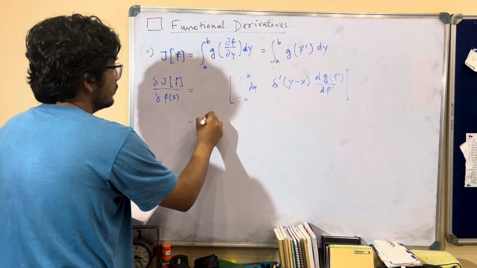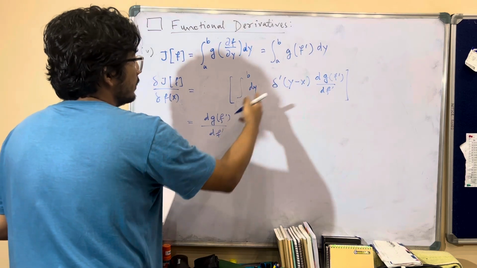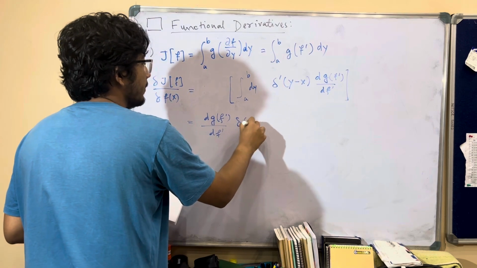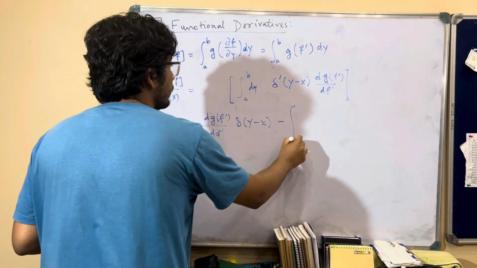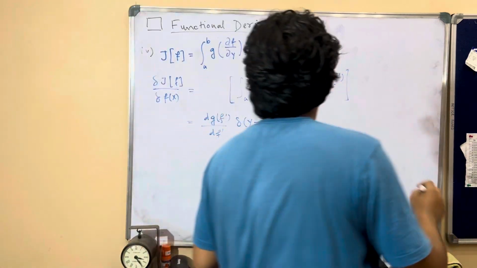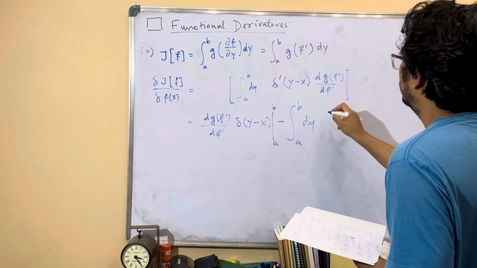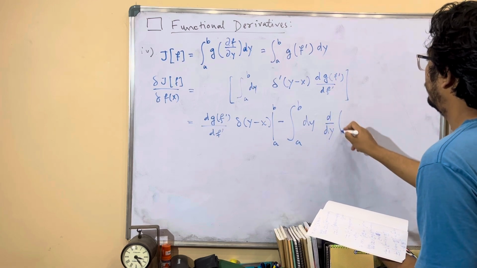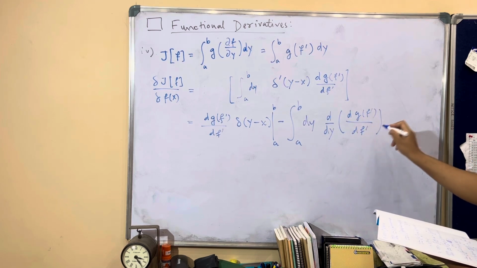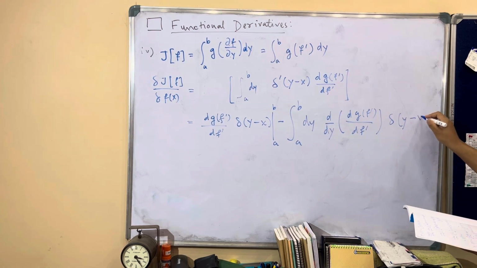We will take this thing out, then we will multiply this with the integral of delta prime, that is delta y minus x, minus, and this is at limits a and b, minus integral from a to b dy of d dy of dg by df prime times the integral of this part, that is once again this thing.